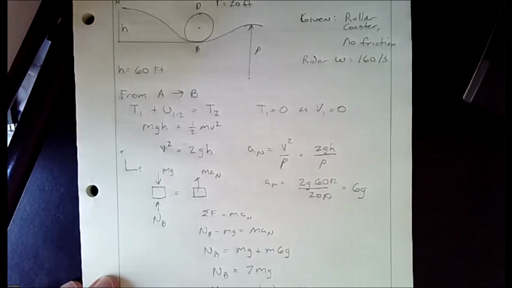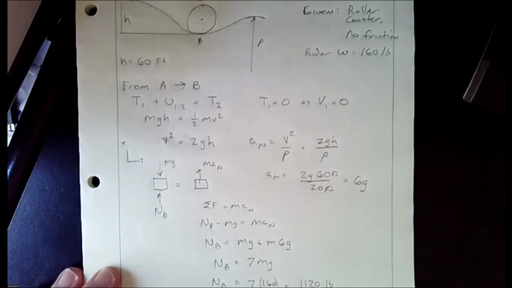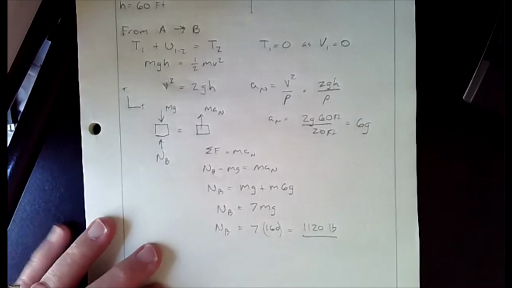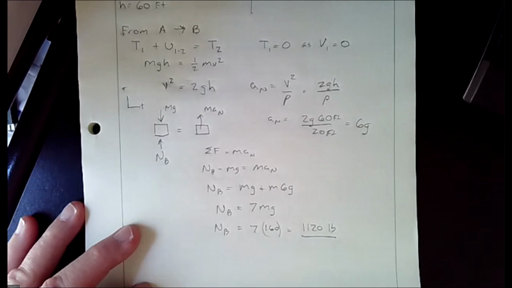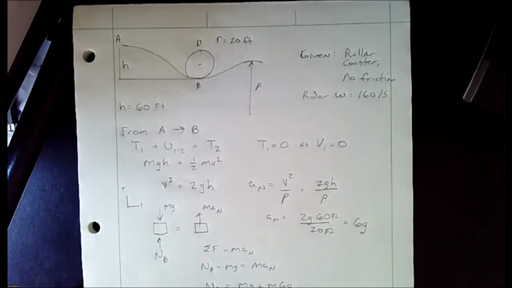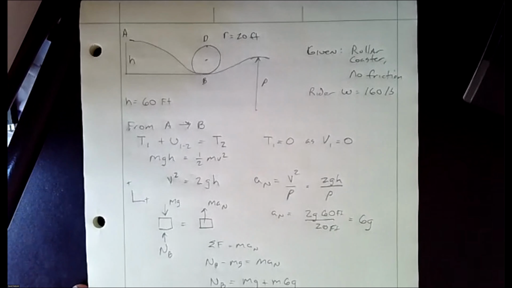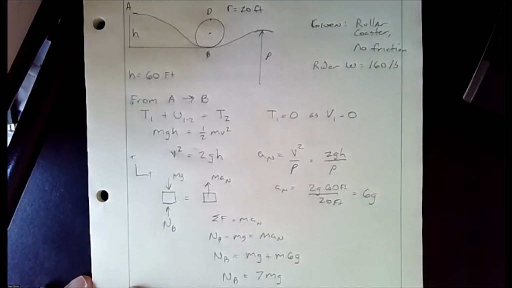But like I said before, hopefully you've worked this far. If you struggled with the first part, go ahead and try to figure out what the normal force is going to be up at D. That'll be a little more work, just in case you didn't understand this. And then we'll go over that.